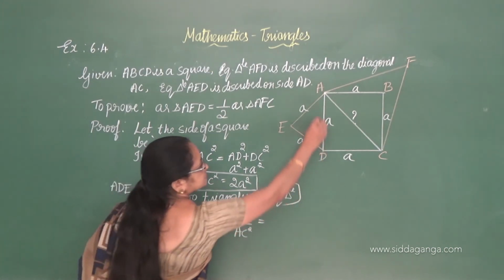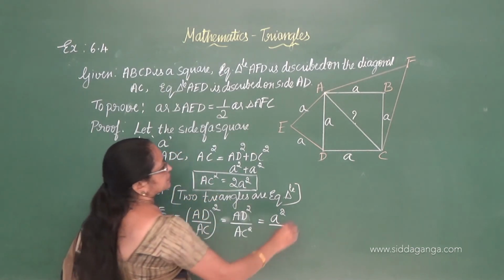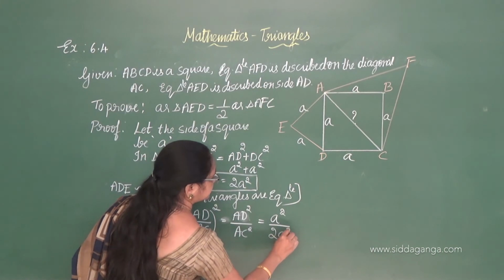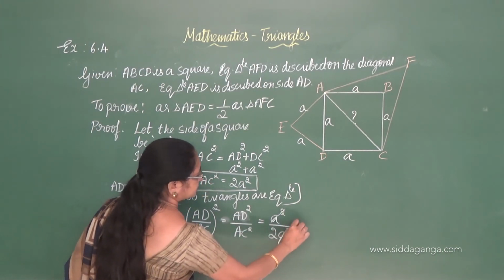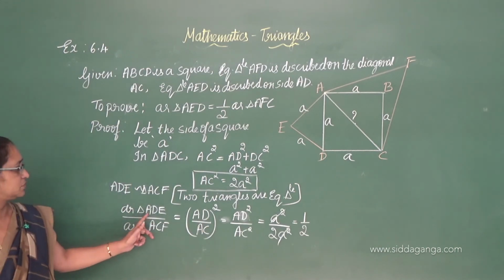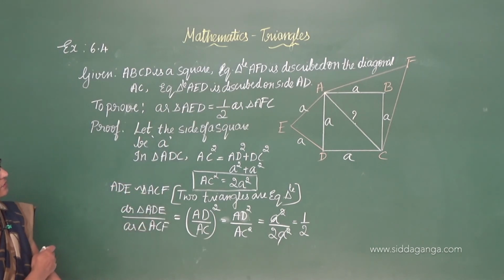So what is AD square? AD square is A square. AC square I got here as 2A square. So I am going to cancel A square, giving half.